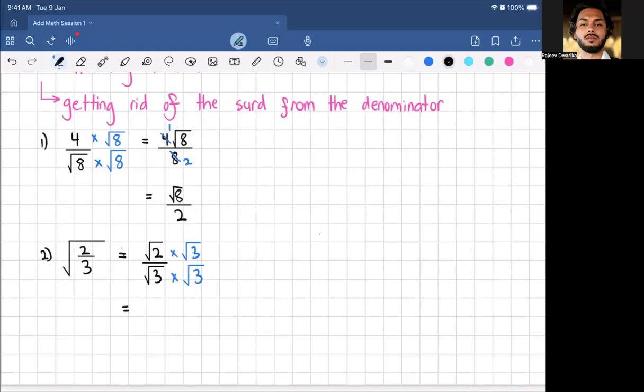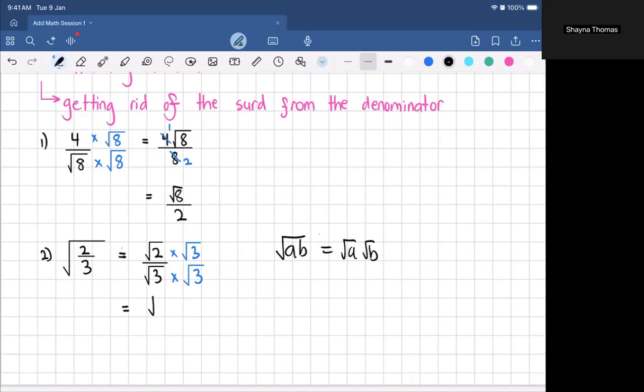We have root 2 by root 3. This comes from the rule that root A times root B is equal to root A times B. So what do you think root 2 by root 3 is? Root 6.